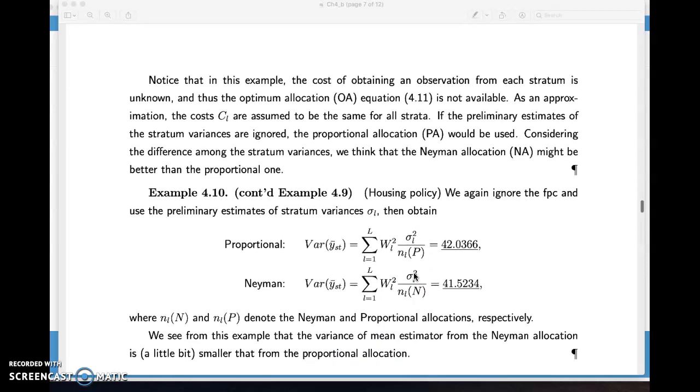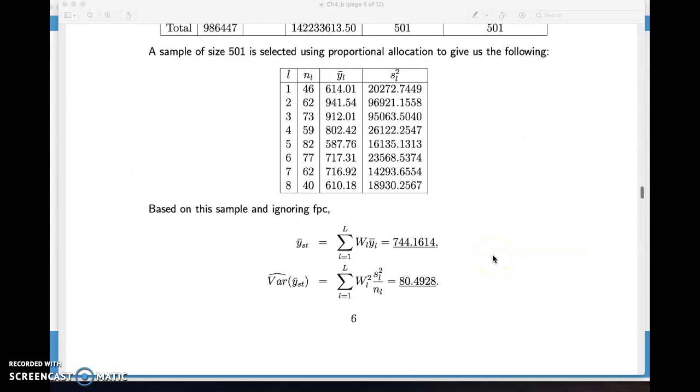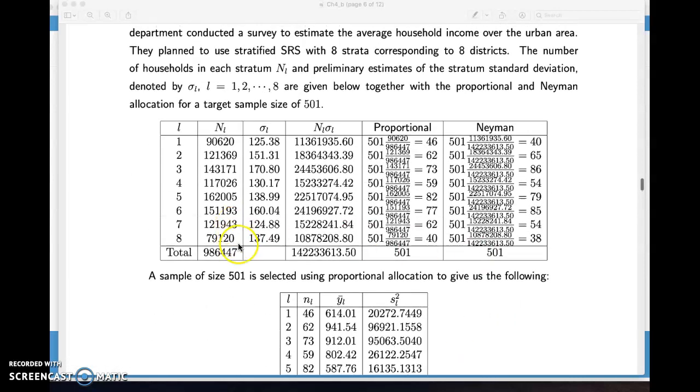Why is the Neyman allocation better than the proportional allocation in this case? If we look back at the raw data, we can see that N, the population size, is quite different, so N L serves as a very good factor for our proportional allocations. But if we look at the variance, it's also quite different between each of the strata, and also they are not small.